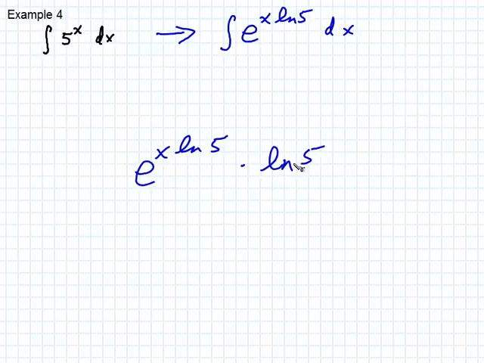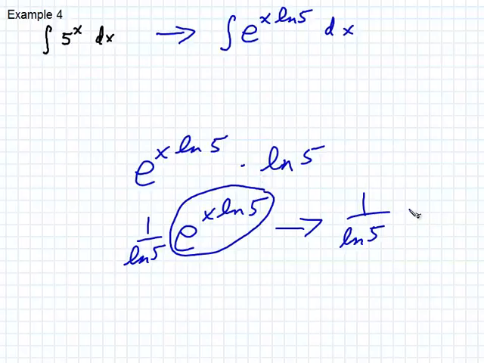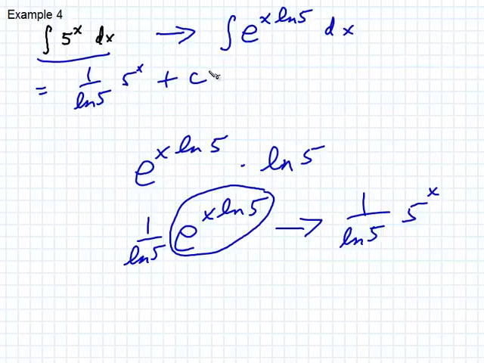Okay, so we want to cancel that out, and so the function we're really looking for is e to the x log 5, and 1 over the log 5 has to be out here so that when I bring it out it cancels. And then I can rewrite this as 1 over log 5, and this is simply 5 to the x. So the integral here is equal to 1 over the log of 5 times 5 to the x plus a constant.